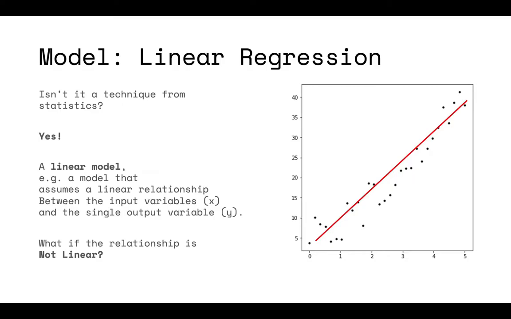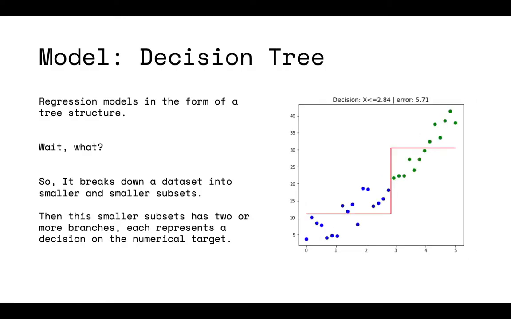So let's say we don't have any relationship in this linear data. What we can do is use another technique called decision tree. The decision tree is like the linear regression model, but we divide it into the form of a tree structure like this.